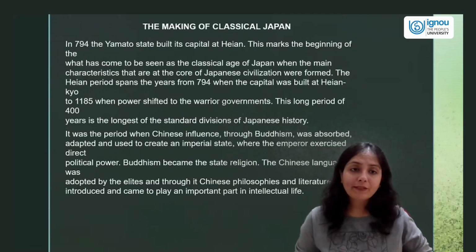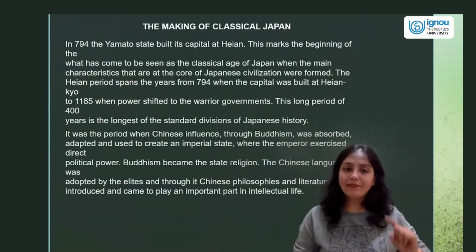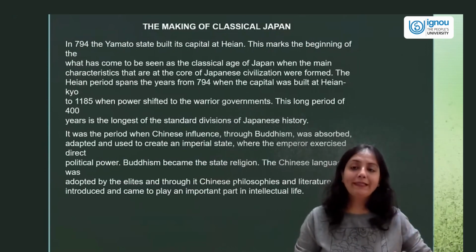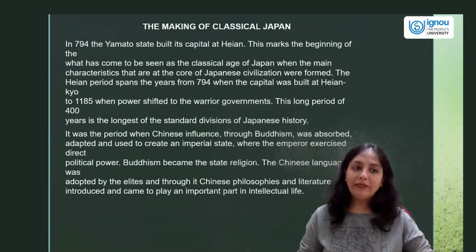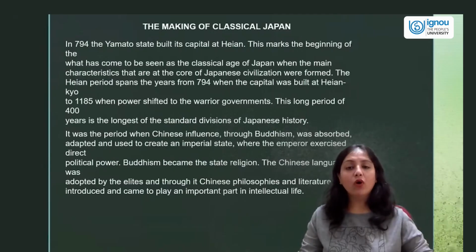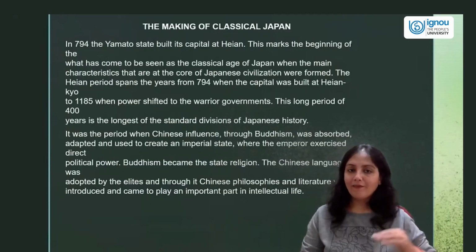The Heian period spans the years from 794, when the capital was built at Heian-kyo, to 1185, when power shifted to warrior governments.